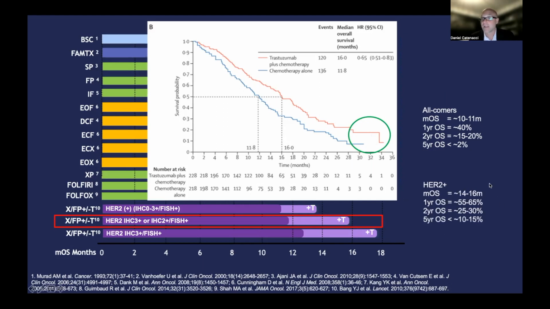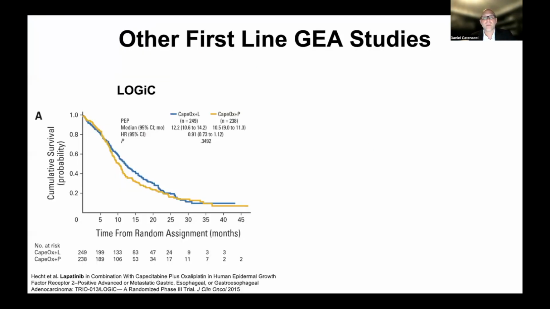And so when we look at these benchmark outcomes compared to chemotherapy alone, it is not uncommon for us now to see patients several years out from diagnosis with stage 4 HER2 positive cancer that are doing exceedingly well with therapy.